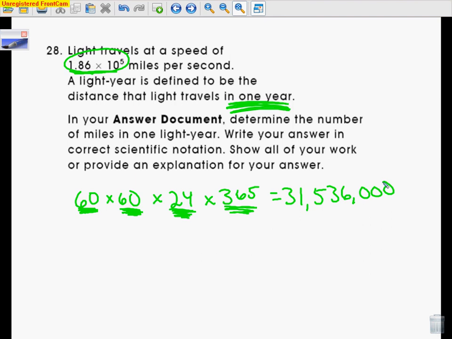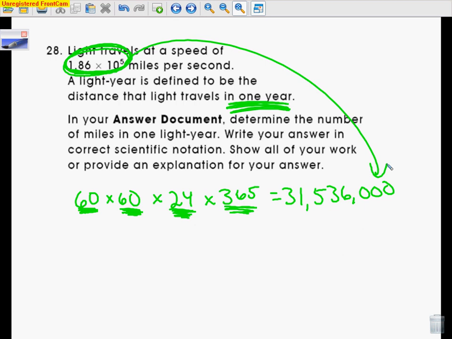So again, we said that light travels at this speed every second. And this is how many seconds we have. So what are we going to do with those two numbers? Well, we're going to multiply them. If I told you that you're going 50 miles an hour, and I want to know how far you can go in 2 hours, you would say, okay, well, I can go 50 miles an hour.